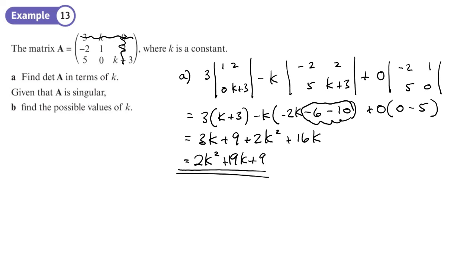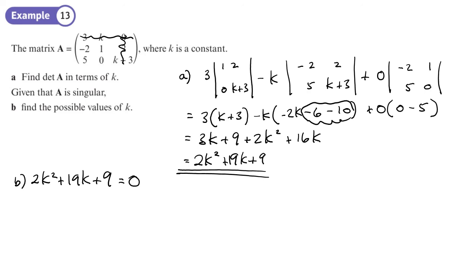And guess what? Part B says, given that A is singular, which means that determinant is 0, find the possible values of K. So what we do is we make that determinant equal to 0, and we're going to solve it. Now, can I factorize it? Possibly.